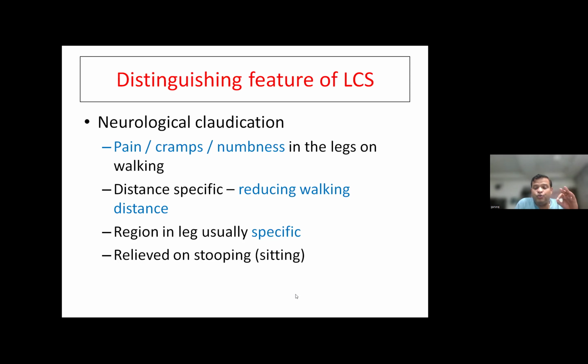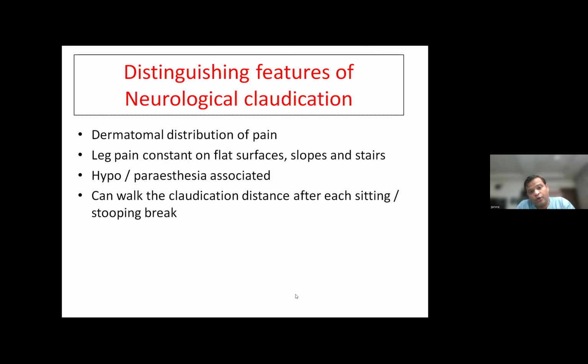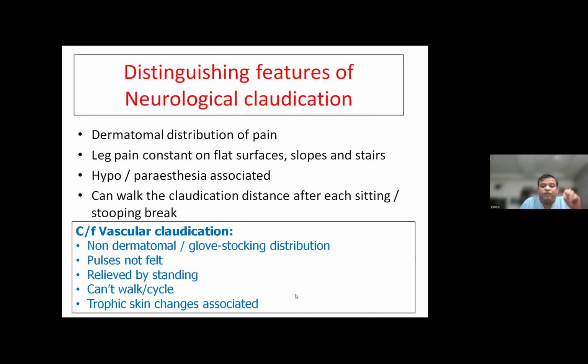The region in the leg is usually specific, especially when associated with radiculopathy, and relief on stooping or sitting is a classical symptom of lumbar canal stenosis, that is neurologic claudication. You have to distinguish between vascular claudication and neurological claudication, because it's very easy to confuse both and treat a vascular claudication as a neurological claudication and have complications.